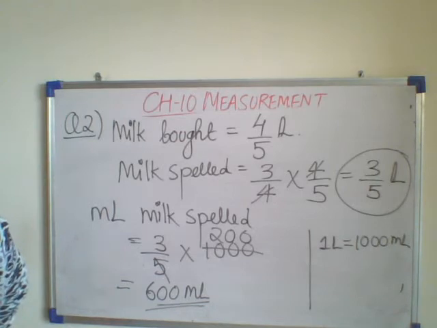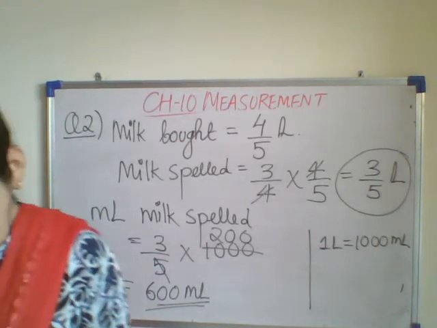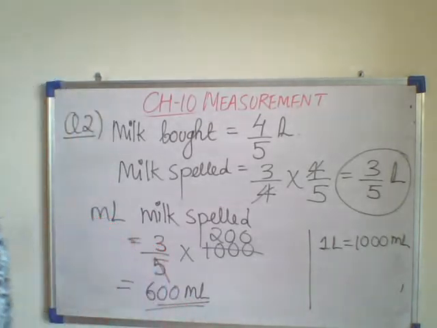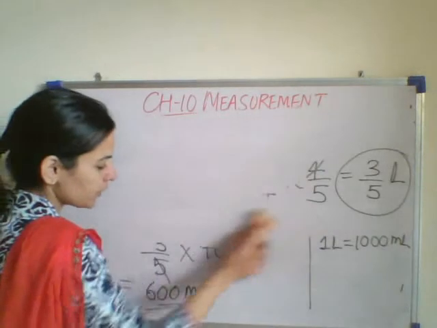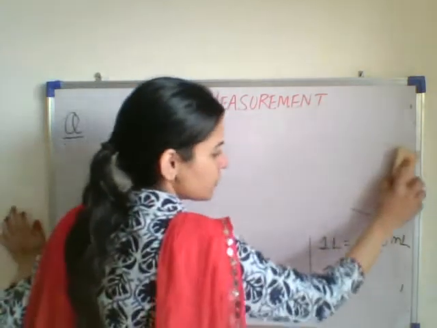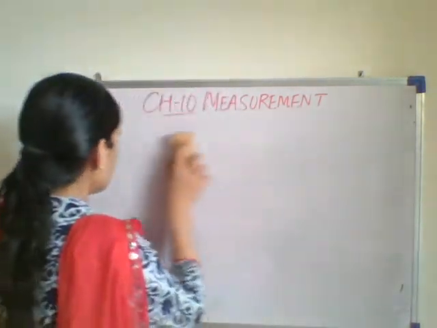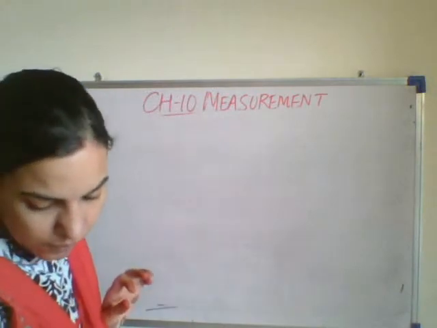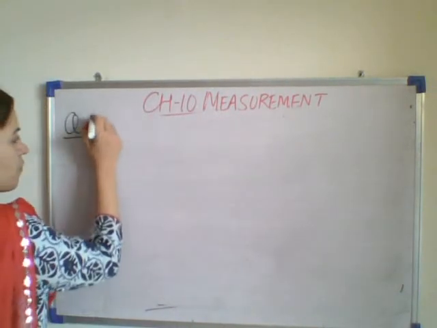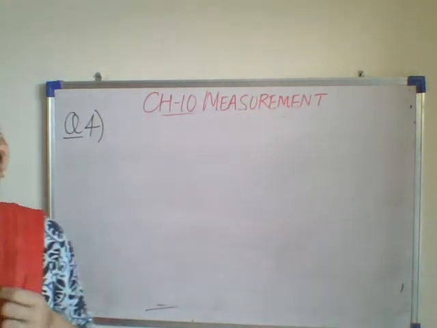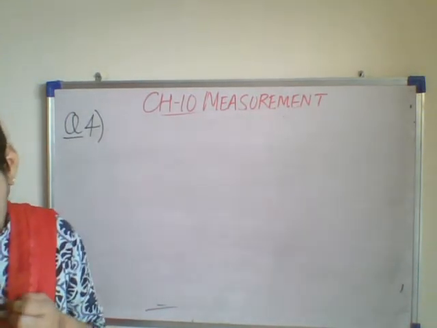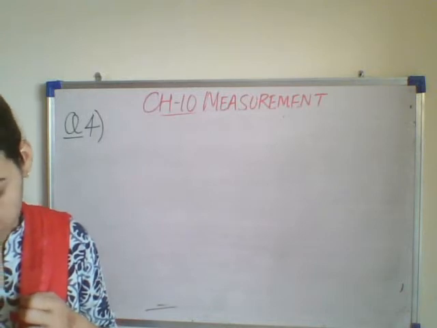Now let us do the question number 4. Vedant walks 7/10 km from his home to the bus stop.